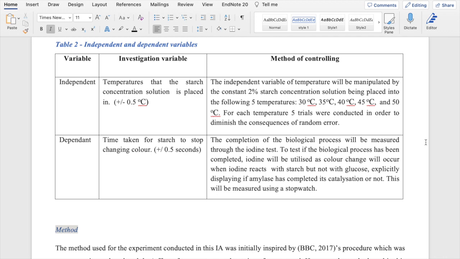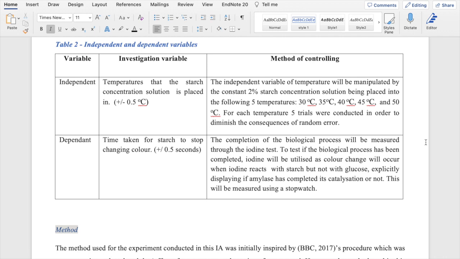Then the method used in this, all right, so this is important. The method used for the experiment conducted in this IA was inspired by, and then you name the source. In your biology IA, it is important that you show a form of inspiration, because your IA markers know that it's not you who just came up with this experiment.